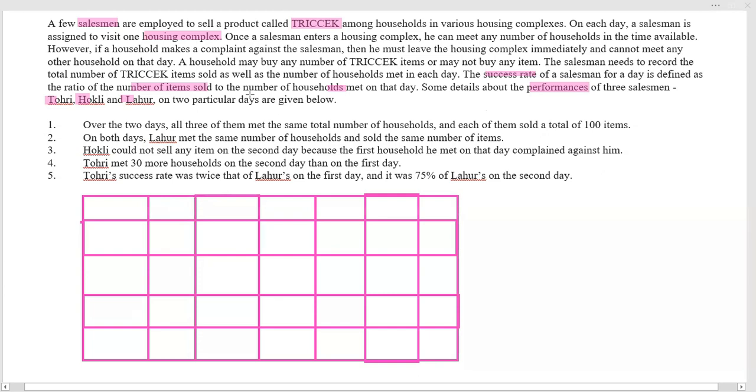Now I want to write this format. These are the names of the salespersons, T, H and L. These are the three, and they are household meeting, day one household. This is the household information, day one. This is day two, and this is the total number of households.